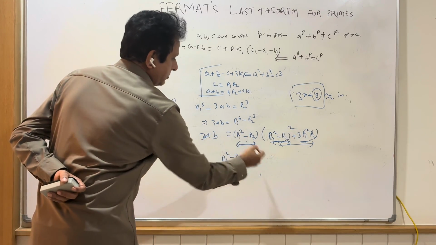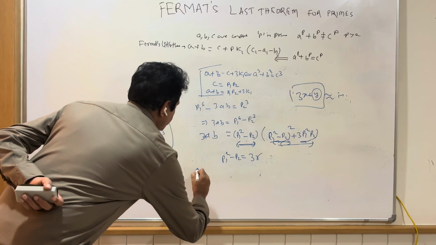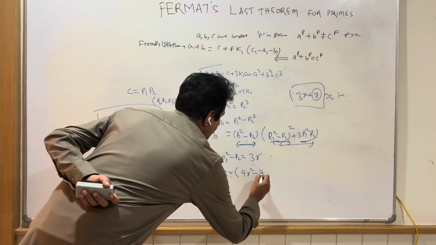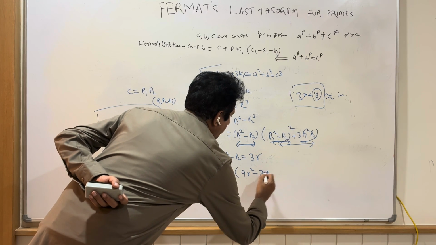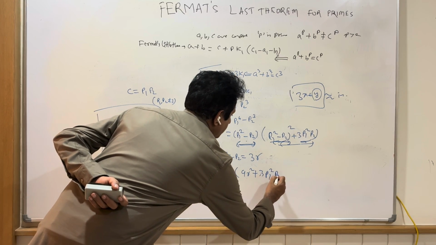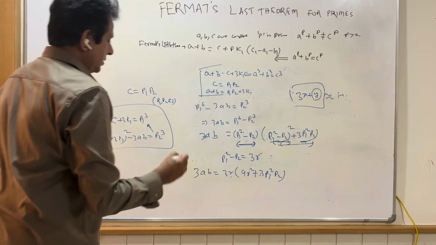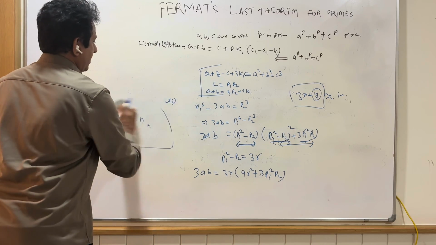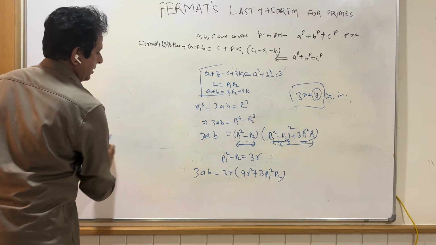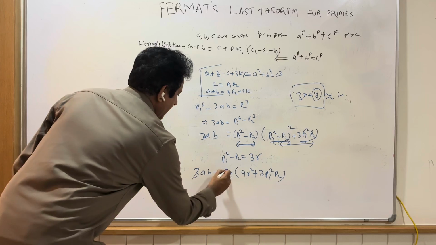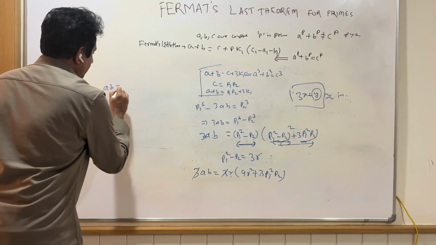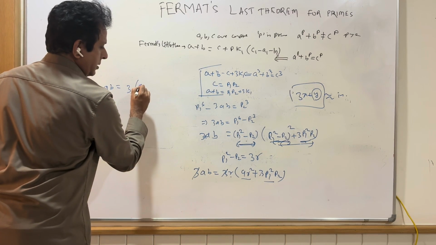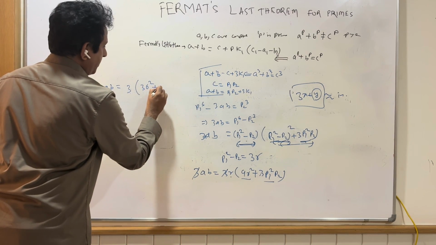So p1 square minus p2 is equal to 3r. So what this means is that 3ab is equal to 9r square minus 3ab, plus 3 p1 square p2. Now the 3 gets cancelled. ab is equal to, with 3 common here, 3 into (3r square plus p1 square p2).